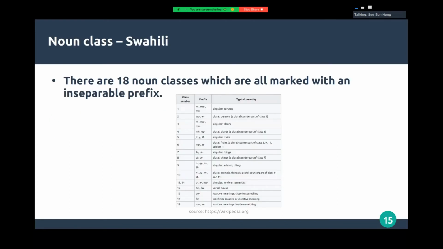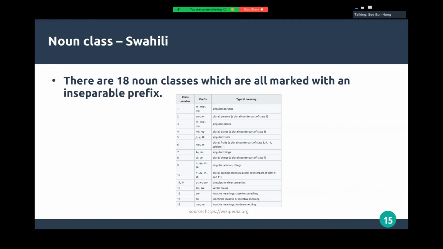Noun class is one of the biggest categories in which you can classify nouns, and what it does is it just categorizes nouns according to different criteria, and these criteria are mostly different from language to language. So here we have Swahili as an example, and in Swahili there are 18 different noun classes, and they're all marked with an inseparable prefix.